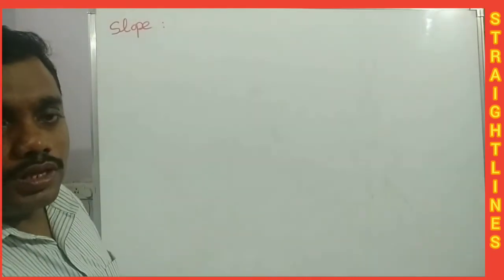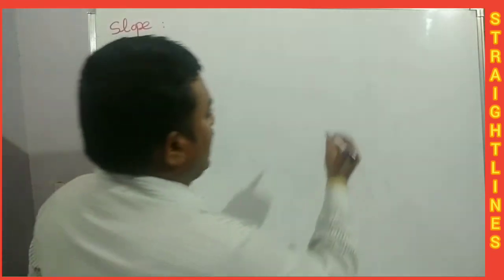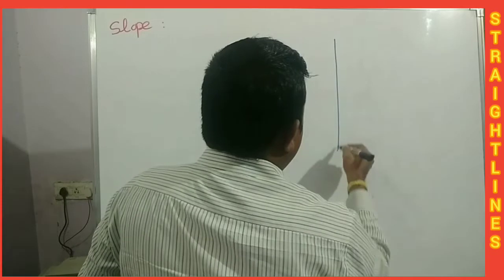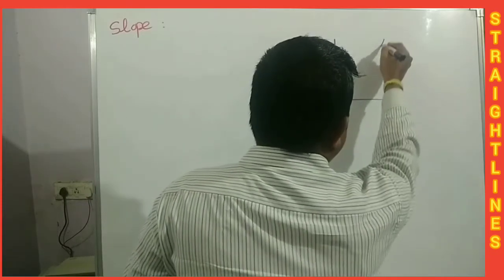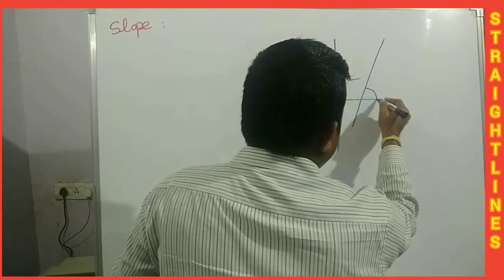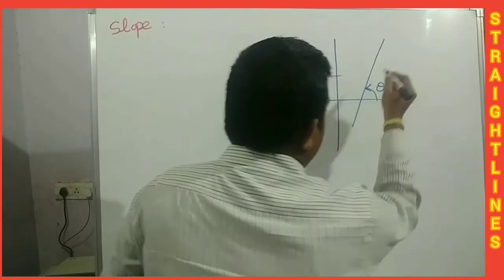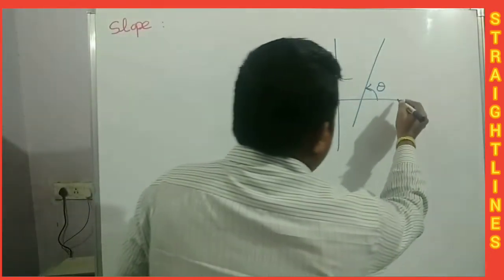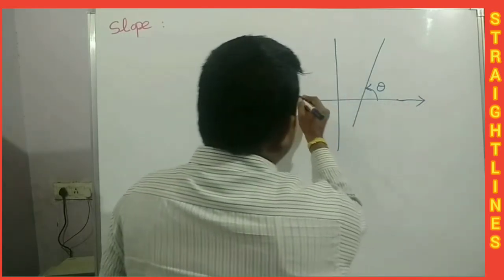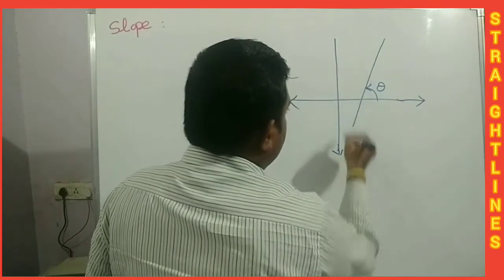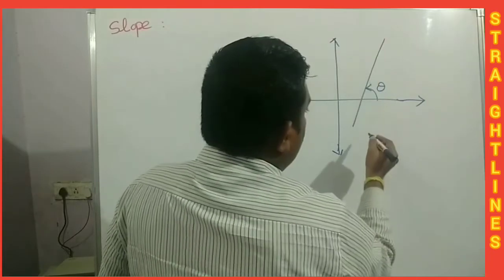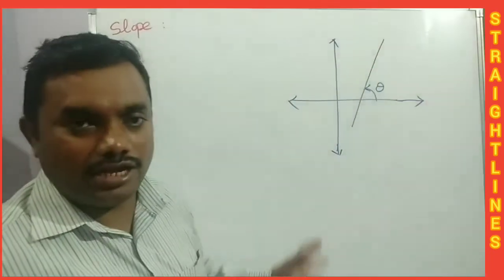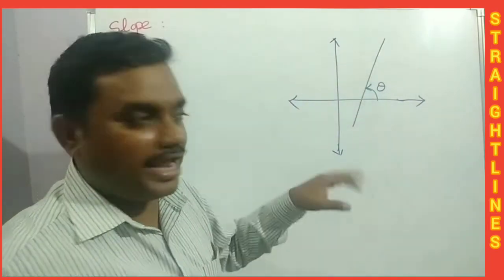Now slope. If a line makes an angle theta with x-axis in the positive direction, then theta is called inclination and the tangent of the angle is called slope of the line.